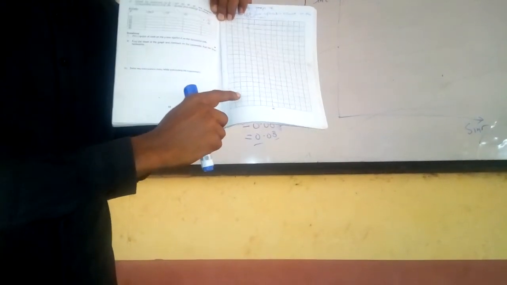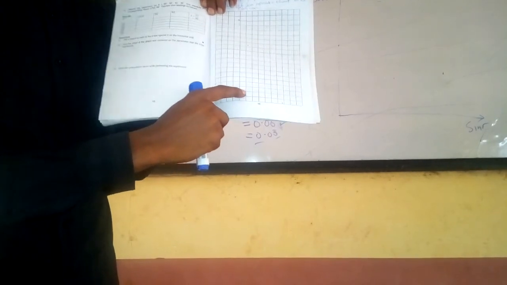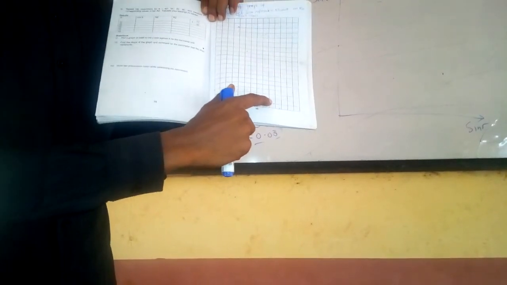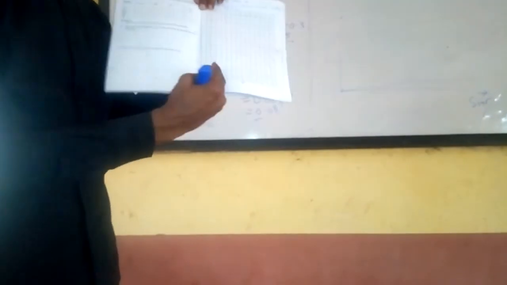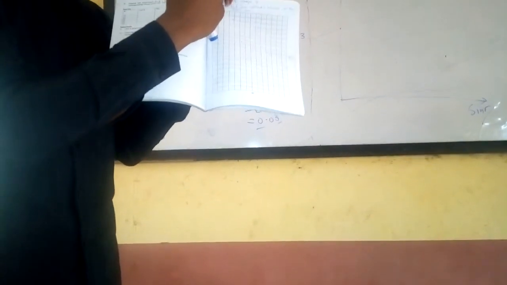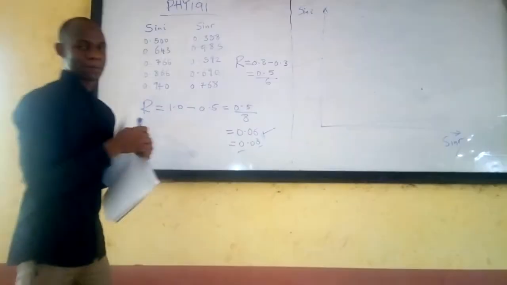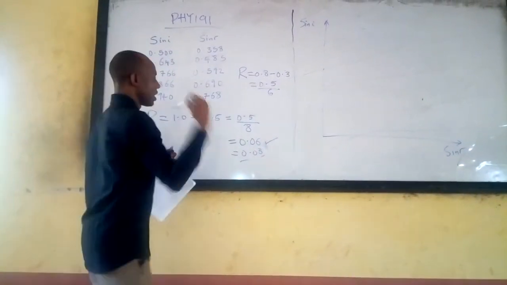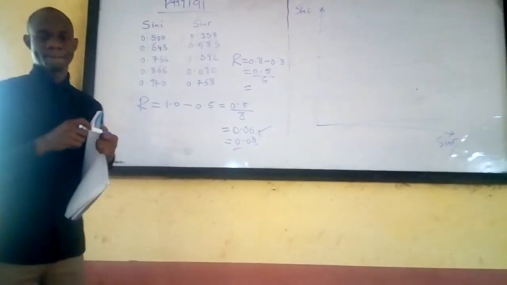So counting from here to here as 1, 2, 3, 4, 5, 6. So I may want to utilize 6. You discover it covers a good portion of this. You understand that? So I'll be dividing my range by what? 6.